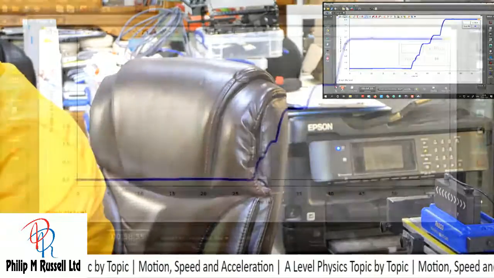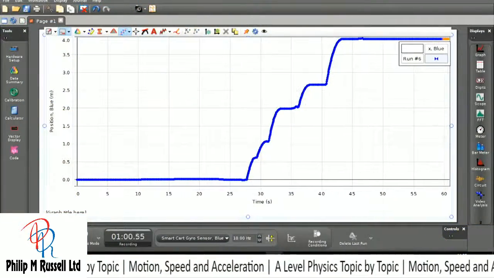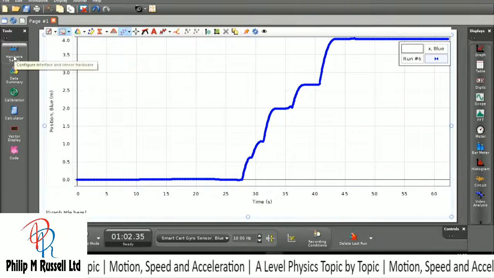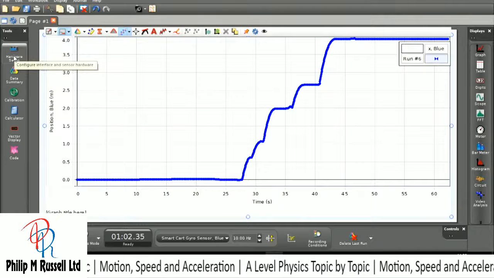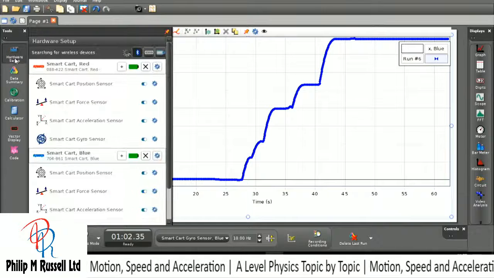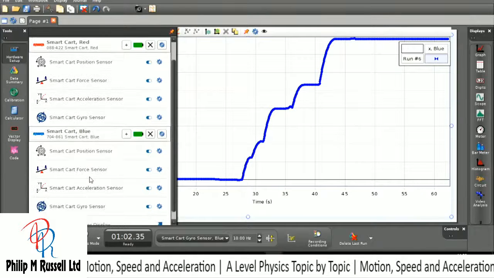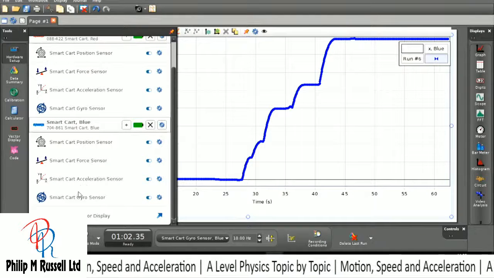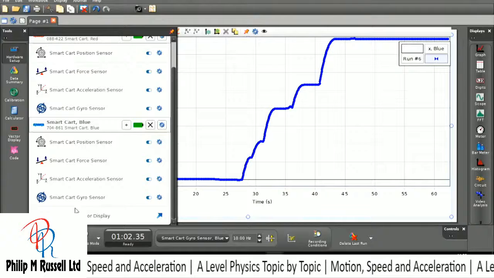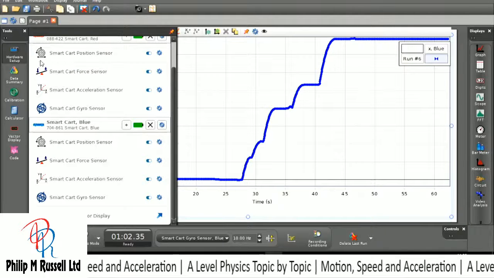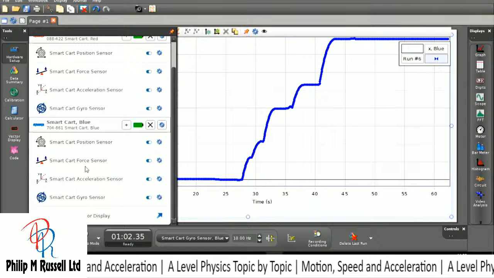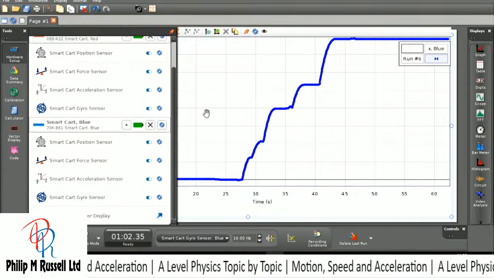If I go on to this screen, which I'm just going to stop, then what I have got, looking at my hardware setup, I've got cart position, we've got the acceleration sensor, I've got a gyro, and I've got my vector. And I've got all of these turned on at the moment.